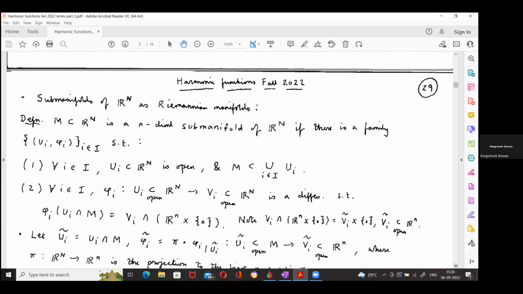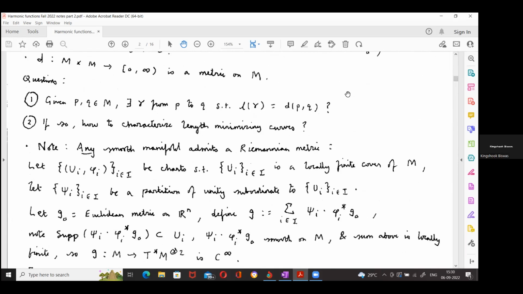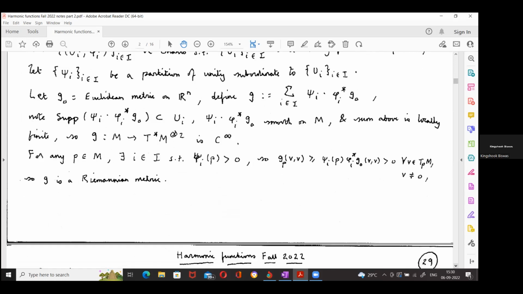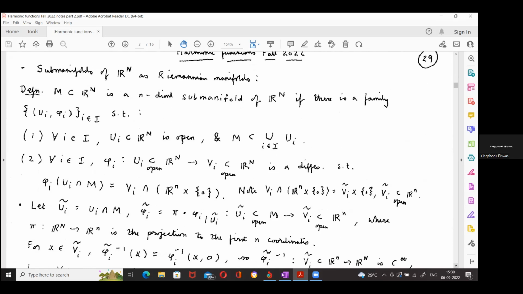Okay. So now to motivate our answers to these two questions about length minimizing curves, we're going to look at an example, which is the example of submanifolds of R^N. We'll see these are naturally Riemannian manifolds. So what is a submanifold of R^N?